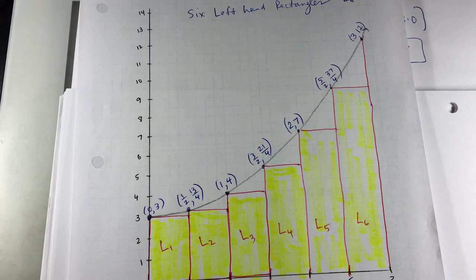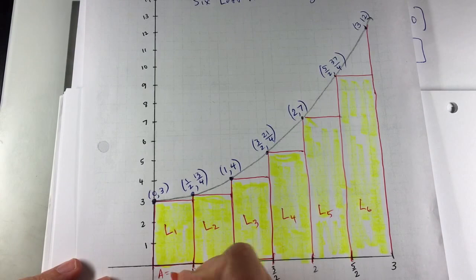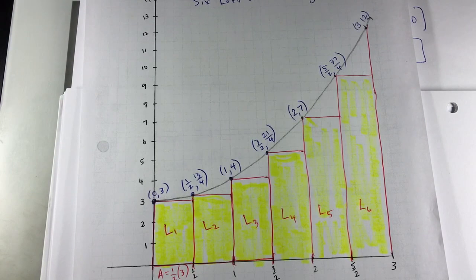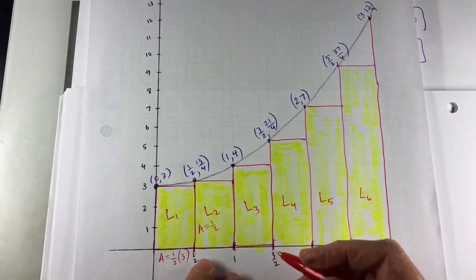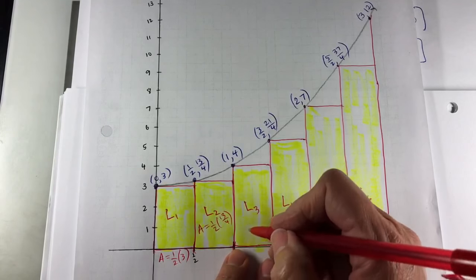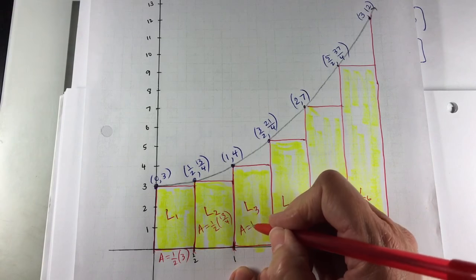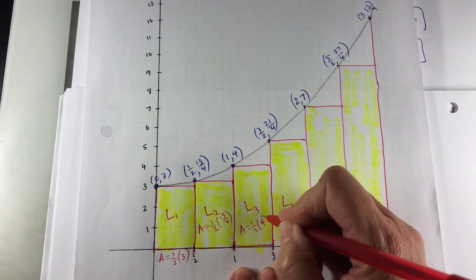Now, let's see though. L number 1. What's the area of L number 1? 1/2 times 3. Really, I don't really want to know what it is. I want to know how you get it. And it's base times height. How about L number 2? It's 1/2 times 13/4. L number 3 is 1/2 times 4.